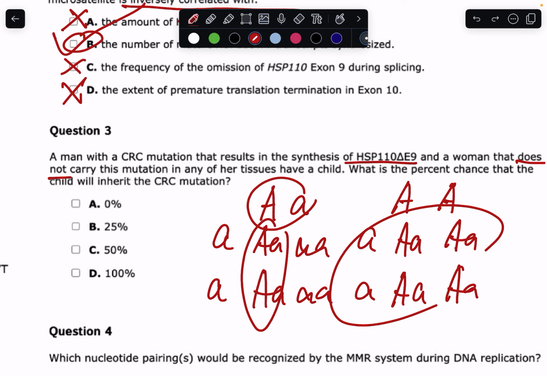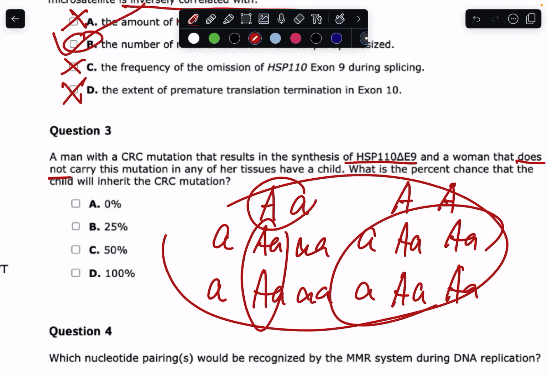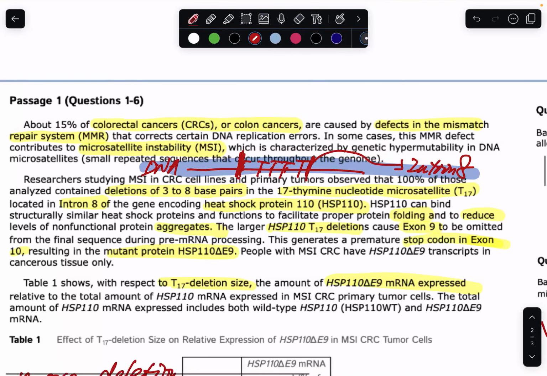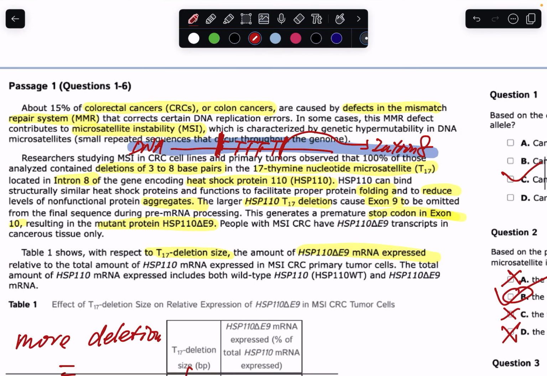But actually, you don't need to do this at all. Because as we read the first sentence, this is colon cancer, right? And where does it say? Okay, here. This mutant transcript only shows in cancerous tissue as well.